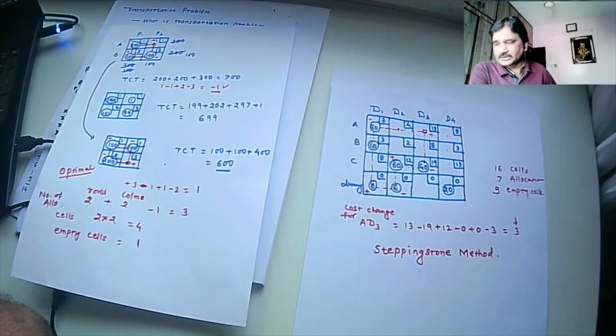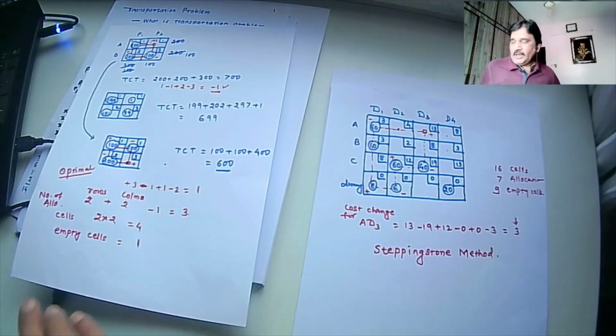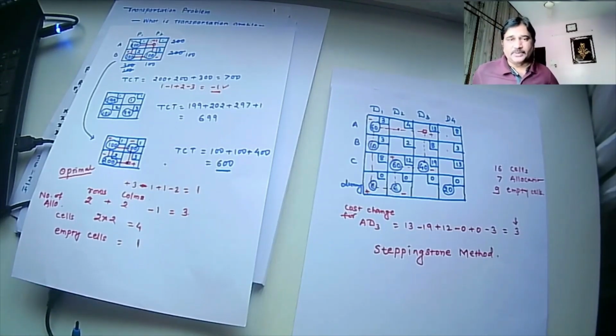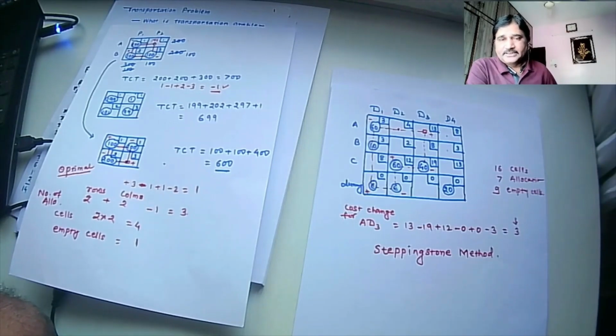Then we have seen that we have to count the number of allocations done by any of the three methods. The number of allocations should be equal to m plus n minus 1, where m is the number of rows and n is the number of columns, right? In our case, we had 4 rows and 4 columns, so the number of allocations should have been 4 plus 4 minus 1, that is 7, right?